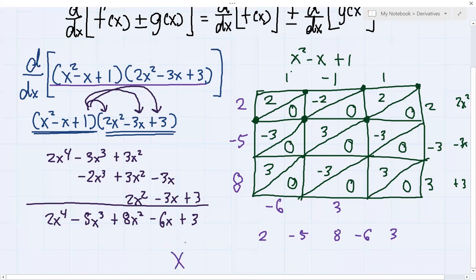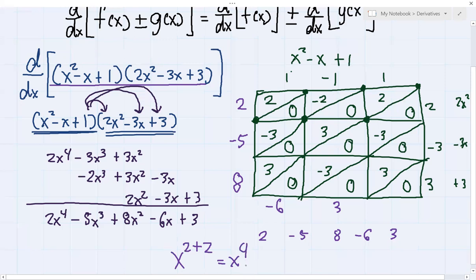Magiging x raised to yung exponent na may highest degree, which is si x squared. So magiging 2 plus dun sa right side, yung term na may highest degree, which is si 2 pa rin. So, magiging plus 2. So, is equal to x raised to 4.